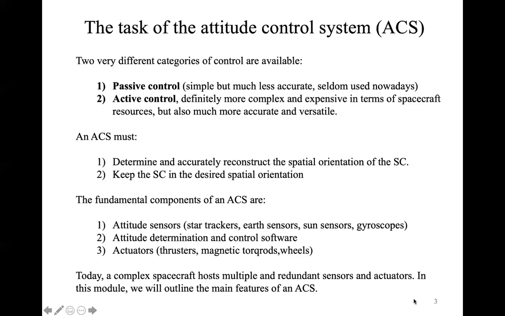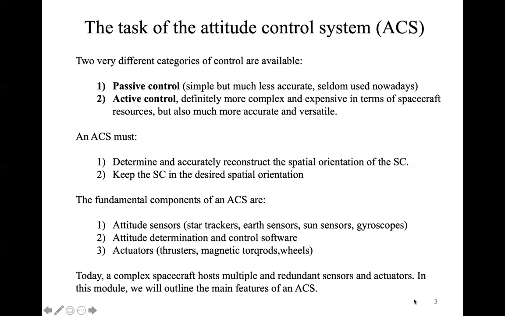So what we are going to do is to introduce the dynamical equations of the attitude of the spacecraft. Because the difference with respect to the previous module, in which our goal was to determine the attitude, the orientation of the spacecraft, is that our goal now is to control.